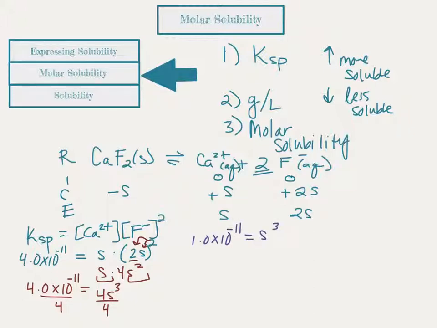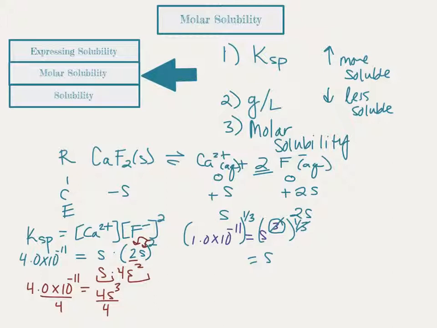Now the easiest way to get rid of this power in your calculator is to put both sides to the power of 1/3. This will cancel out this 3 and leave us with S on that side so that we can get our answer.